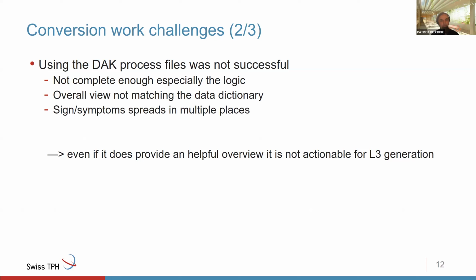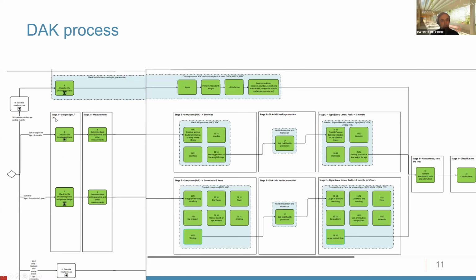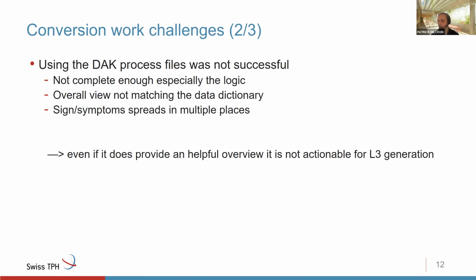So you might have small discrepancies. And also, it's not always super clear. If I take this example, for instance, here this says for the newborn and infant, and this one too. So you don't really know which one to choose just based on that. It's still very useful. I'm not saying those processes are not useful, don't hear me wrong. I'm just saying that it's not precise enough to base an implementation on it, but it can help you to have an overview.